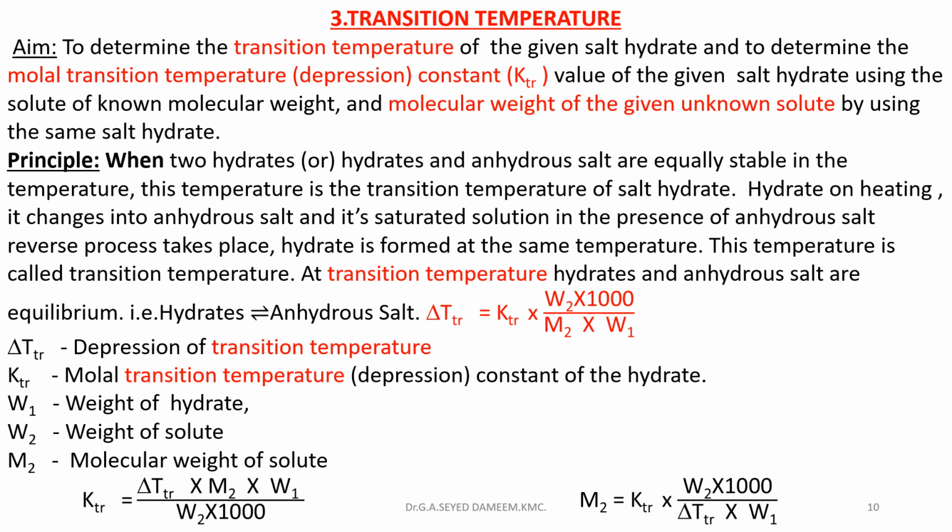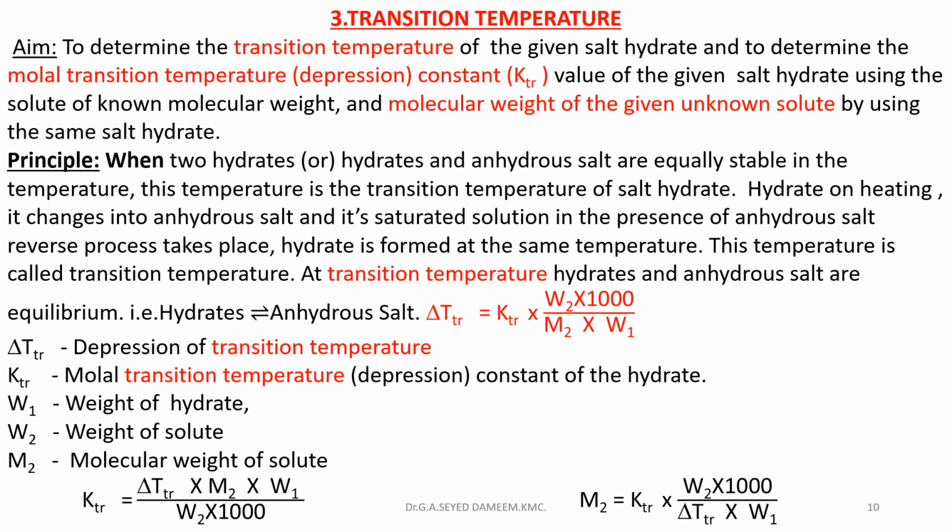And from the value of Ktr and by experimental determination of delta Tr using solvent and unknown solute, M2 is calculated from this formula: M2 is equal to Ktr into W2 into 1000 divided by delta Tr into W1.